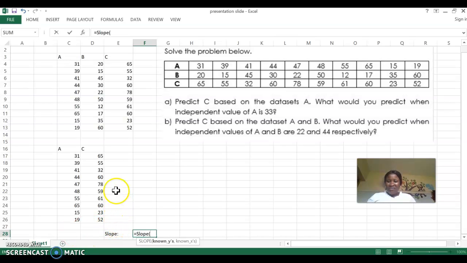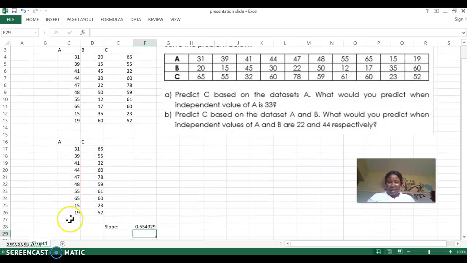I'm going to highlight the value of the known variable, which is my y, from C, separate it with a comma, then highlight the x value, then close up my parentheses and press enter. So this is the value of my slope.